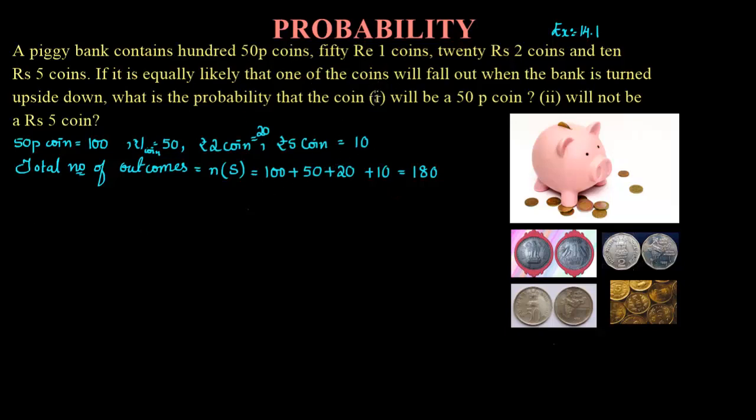Now coming back to the first part of this question, what does it ask? What is the probability of getting 50 paise coin, right? So let me write the formula. Probability, let me indicate with the letter P. Probability of 50 paise coin.